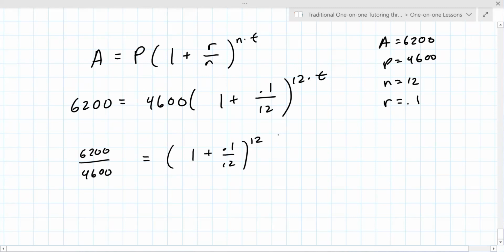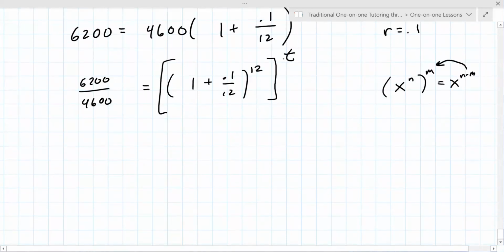It's to the power of 12, but then this is very important. It's actually then raised to the power of t, even though this is a number. The reason is, if you have an exponent to an exponent, you multiply them. So we're basically just going backwards. Now, to get a variable out of the exponent, you have to use natural log.